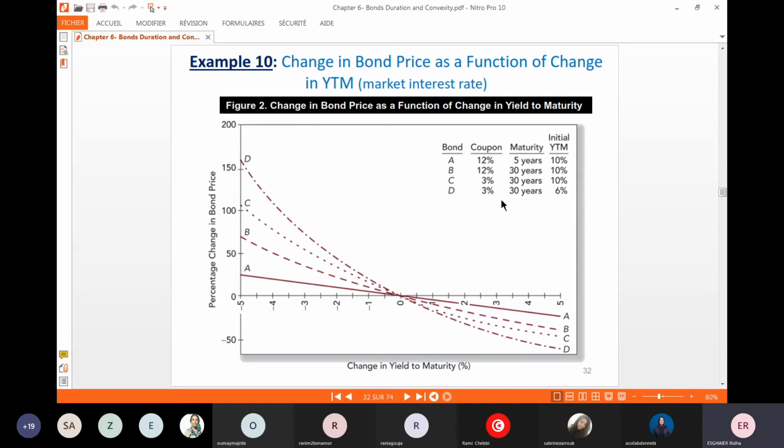Bond D has a yield to maturity of 6% when the bond is issued. If we look at the impact of the variation of the yield to maturity, from 0 going down by 1, or from 0 going up by 1, going up to 2, etc., we find that the fluctuation of the price of bond D is higher than the fluctuation in the price of bond C.